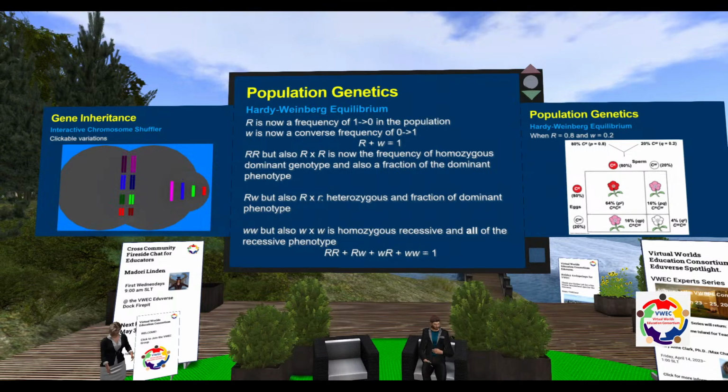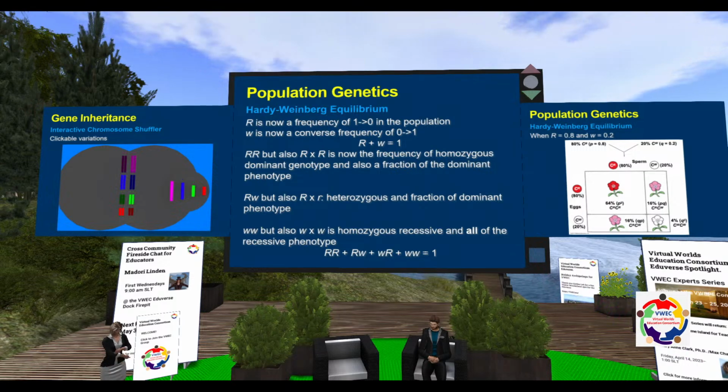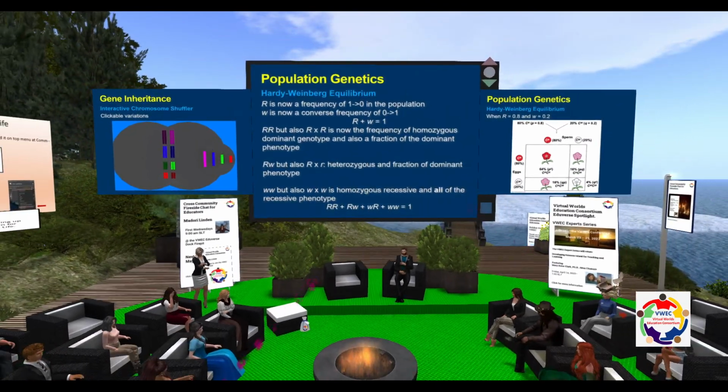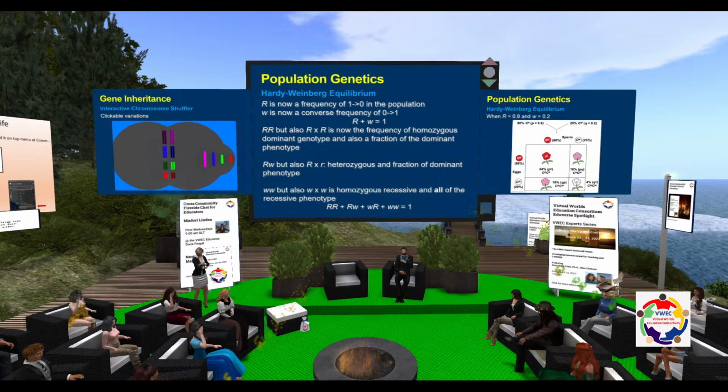This concept is known as the Hardy-Weinberg equilibrium. Now, you don't need to memorize this, you don't need to get in depth, but there are just a couple key points. When I talked before about capital letters and lowercase letters, that's just one-at-a-time probability within one individual. And Hardy-Weinberg is this mathematical concept that relates to population genetics.